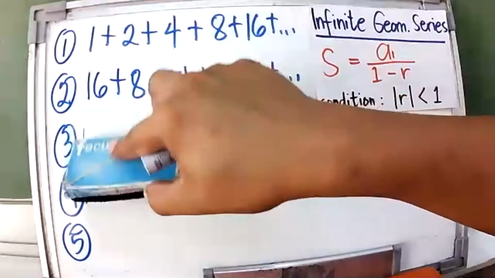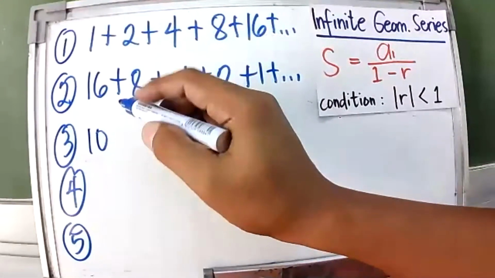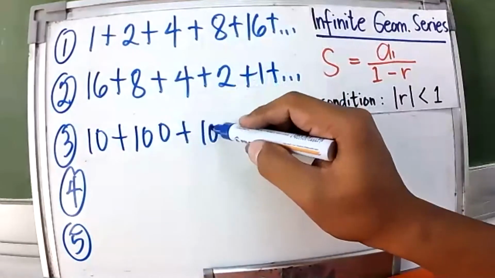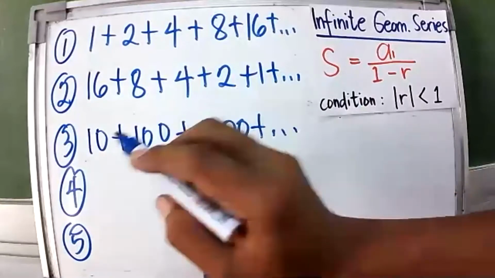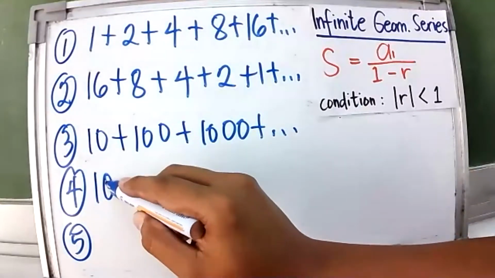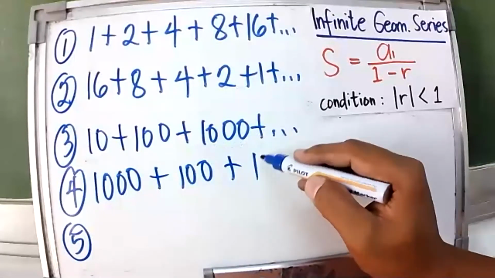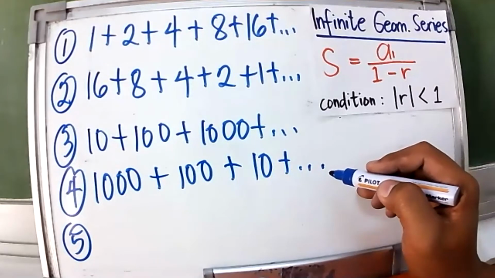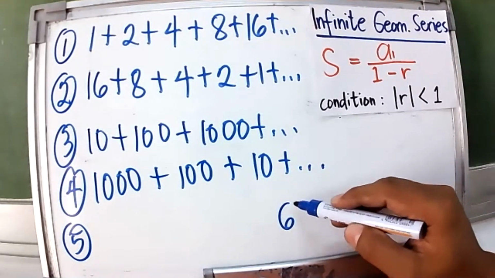Let's have here 10 plus 100 plus 1,000 plus ... And another example is 1,000 plus 100 plus 10 plus ... And finally, I want to add number 6 here.